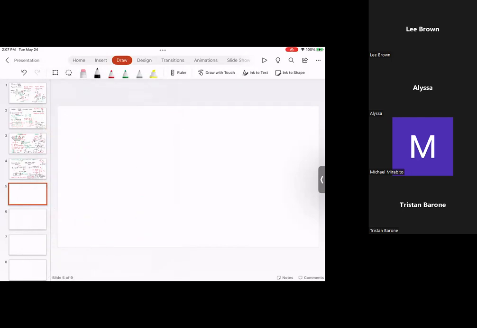So let me start with a very simple problem. I have this joint, the basic knuckle joint, and in today's class we will look at the design of knuckle joints. We have a joint like this.